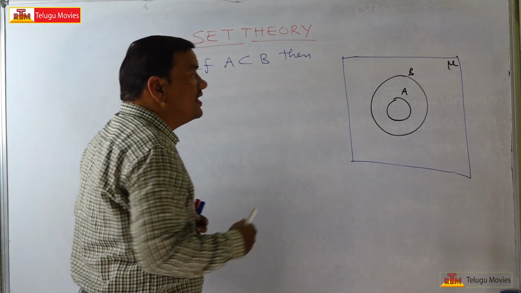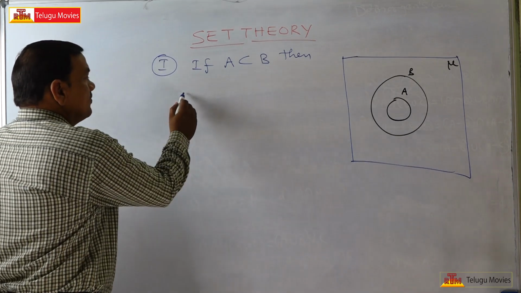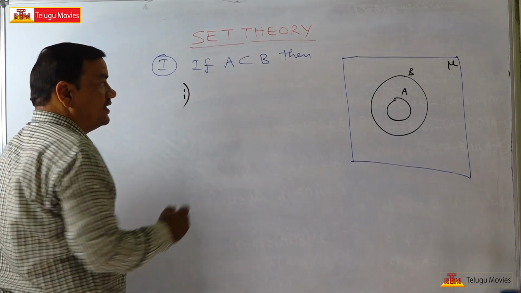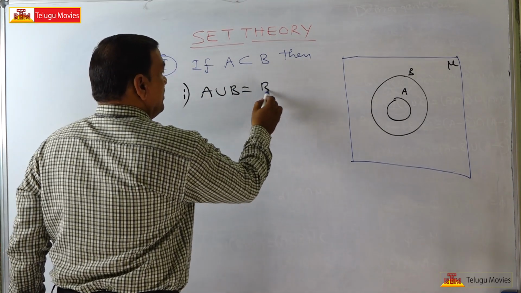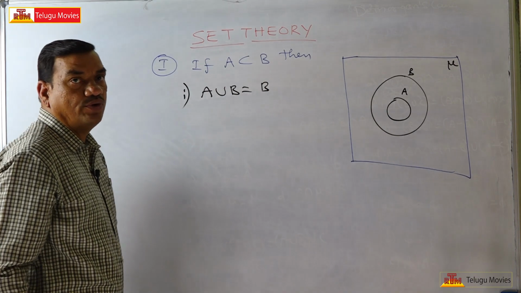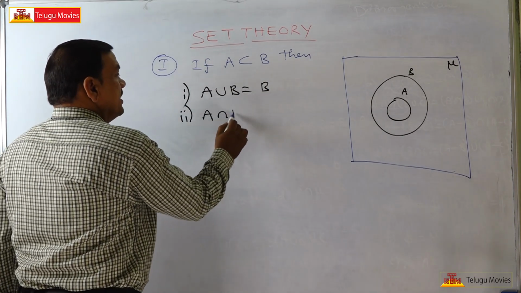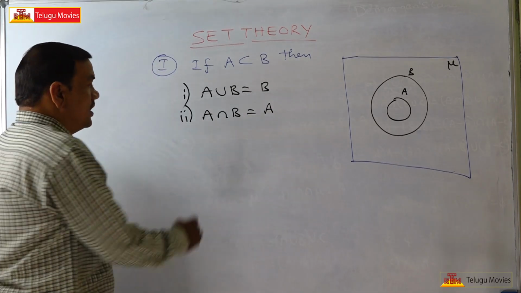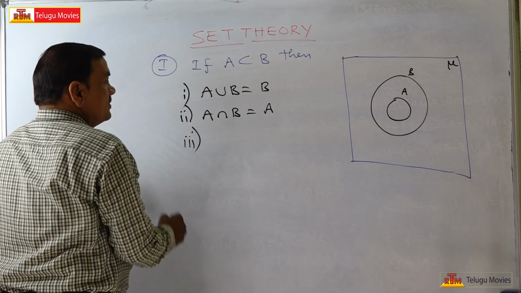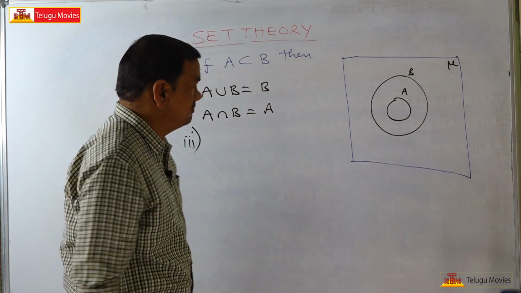See here how many results we will get. When A is a subset of B, the first result is A union B is equal to B. See the diagram, A union B is equal to B. Second one is A intersection B is equal to A, because the common part of A and B is A only.